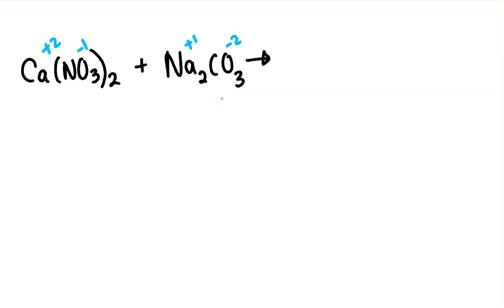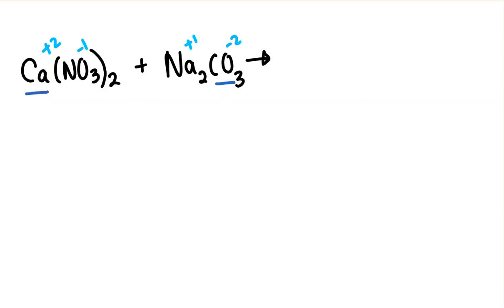This one is carbonate, and it is one that I don't usually have people memorize, but carbonate has a -2 charge. So anyway, to figure out the products, you're going to put the positive part of one with the negative part of the other, and it will always be the front part of one with the back part of the other.